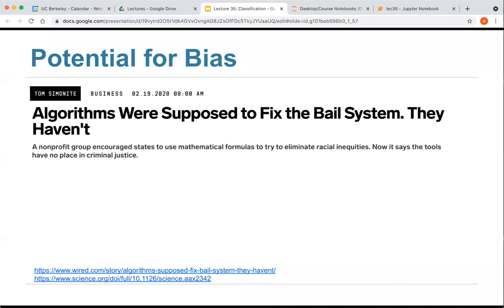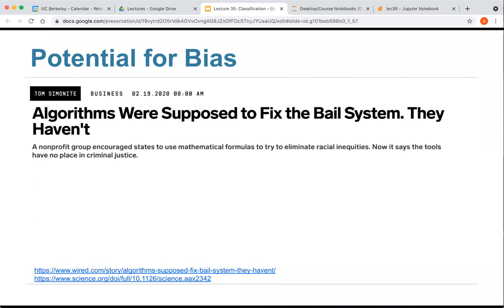In fact, in some cases, the disparities increased. And so now the same organization said, you know what? No, let's bring back the human beings. You can't do it just with the algorithms. And why is that? Because the algorithm is starting with historical data, and it's basing its predictions on that.